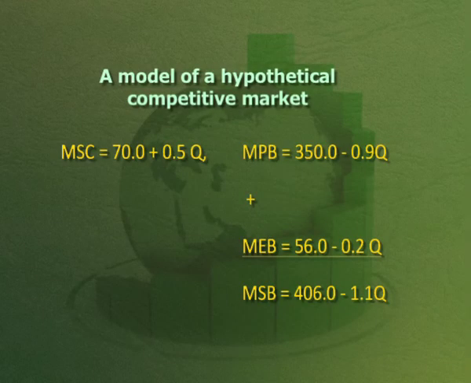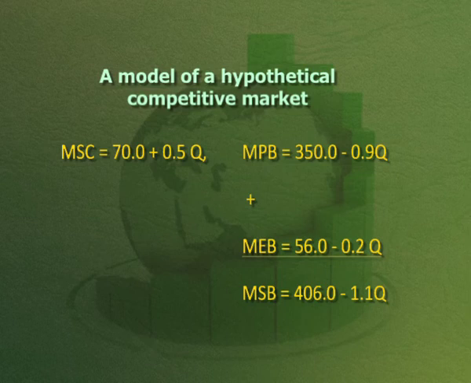A model of a hypothetical competitive market for scrubbers will be like this. MSC is equal to 70.0 plus 0.5Q, and MPB is equal to 350.0 minus 0.9Q.